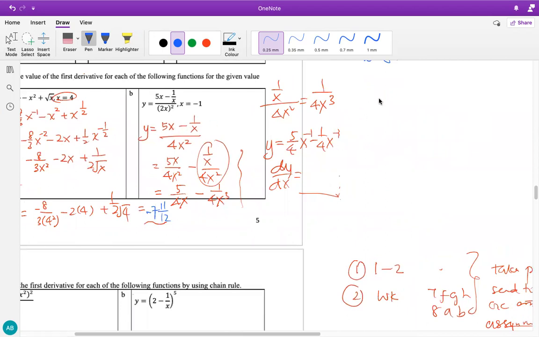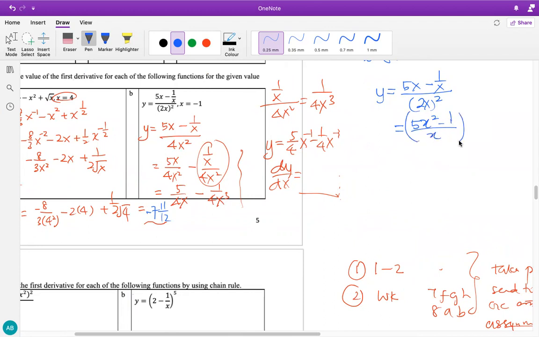So I think I redo this. 5x times 1 over x over 2x squared. Let me check the question is correct or not. So this one you get 5x squared minus 1 over x.